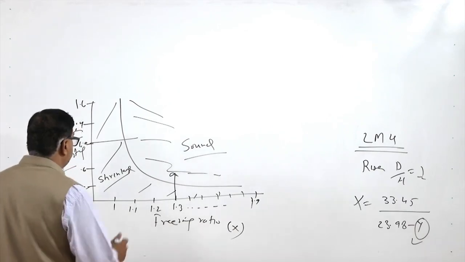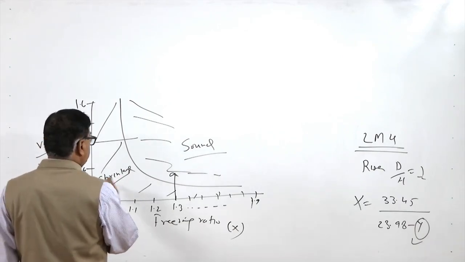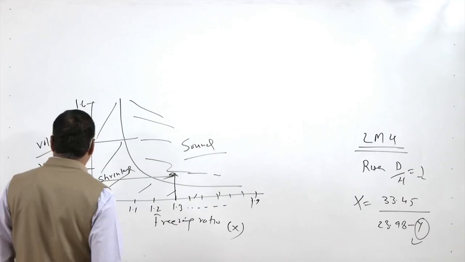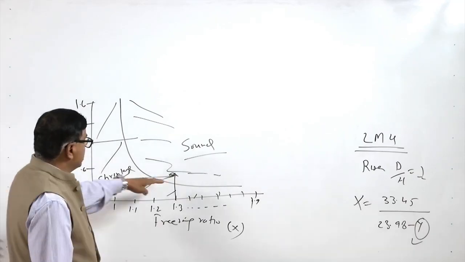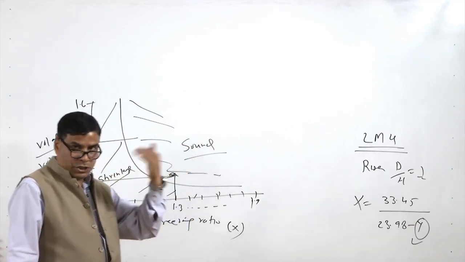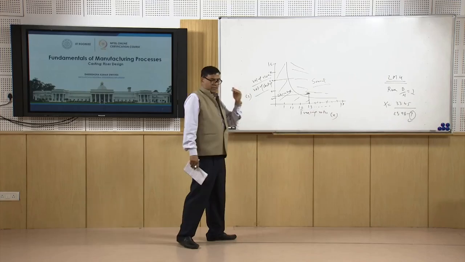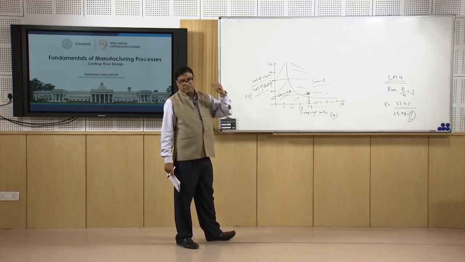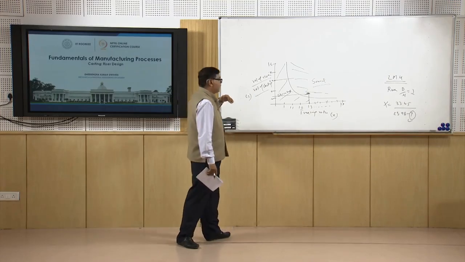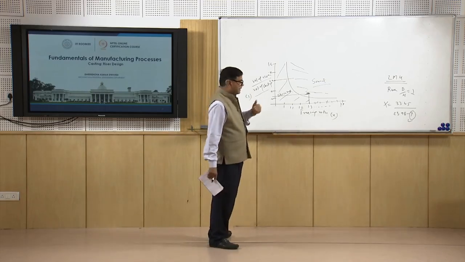be used, and if such ratios are used, then these will help in increasing the yield, because of the ratio of the molten metal in the riser to the volume of the metal in the casting.